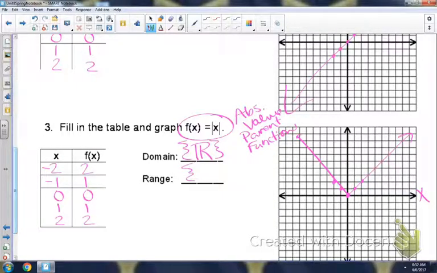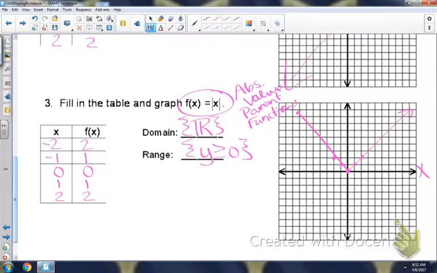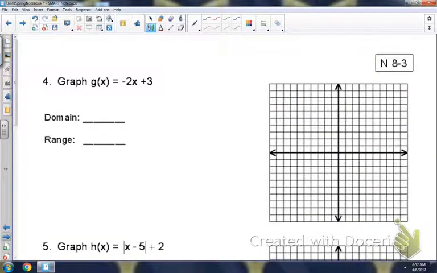So your range will be y is greater than or equal to 0. Okay, so we need to figure out what type of function we have before we know what we need to do. Okay, so on example 4, notice this is a linear function.